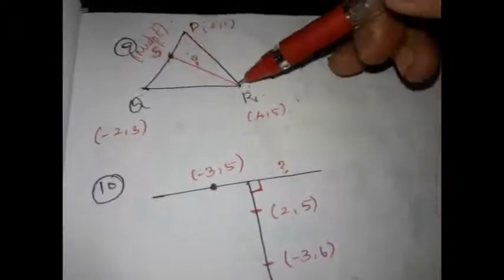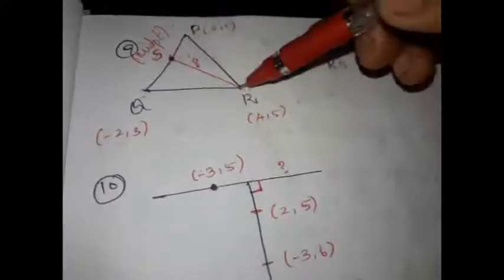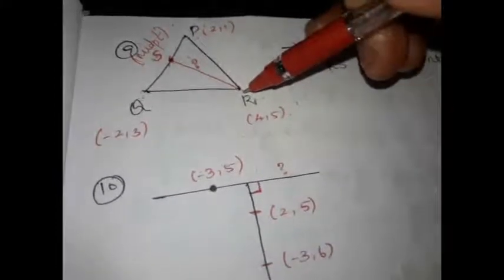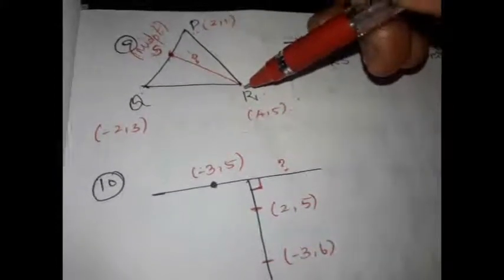We need to find the equation of RS, and we have 2 points on RS. R is lying on this line and S is also lying on this line. Therefore, we can very well find the equation of RS using the 2-point form, right?